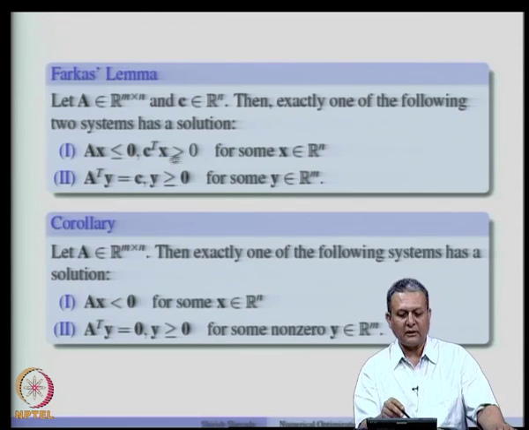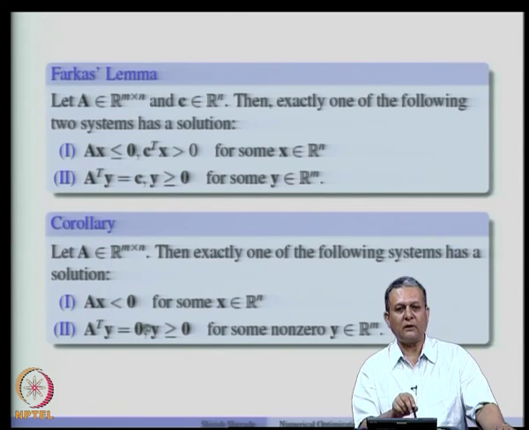C transpose x greater than 0 is not there here, and similarly, here we had A transpose y equal to C and y non-negative for some non-zero y. So, if we can put these two systems of equations in the form like this, then one can use Farkas lemma to prove the corollary.